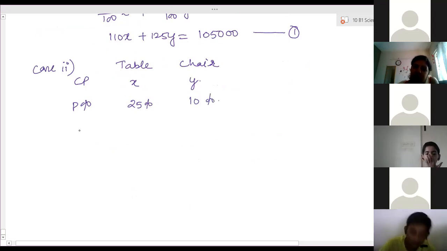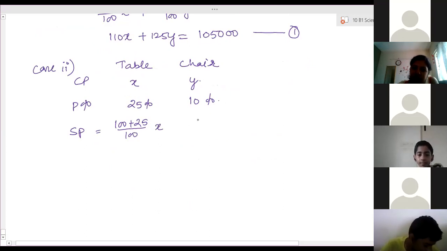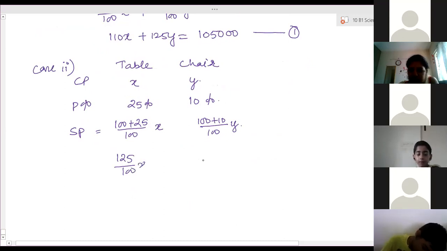So what are their selling prices? 100 plus profit percent by 100 into CP. For the chair it is 100 plus 10 by 100 into cost price. So it is 125 by 100 X for the table and 110 by 100 Y for the chair, and altogether she has sold at 1065.